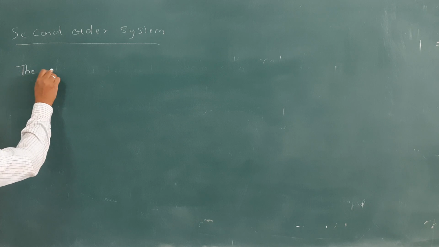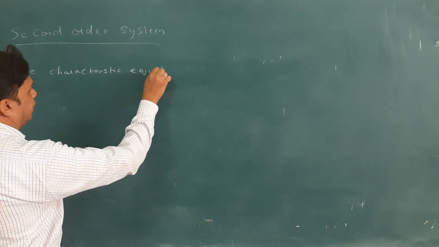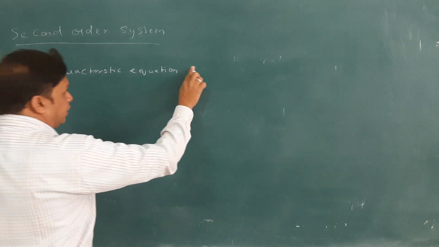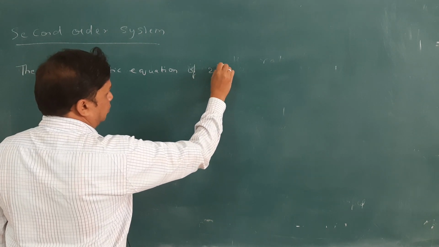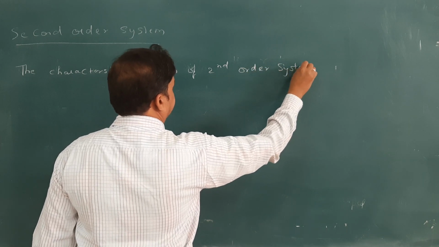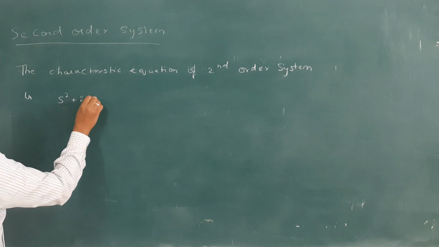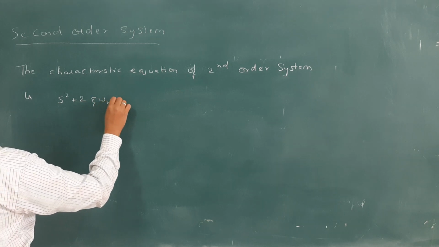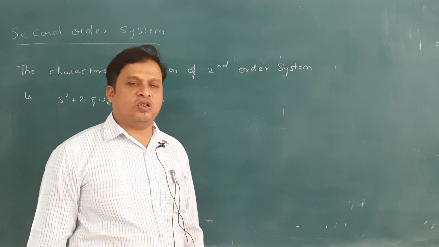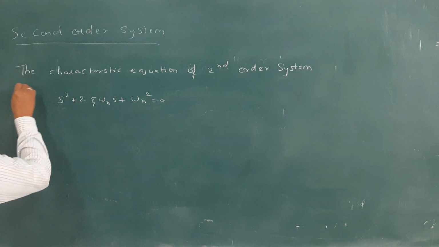The characteristic equation of second order system is given by: s square plus 2 zeta omega n s plus omega n square is equal to 0.